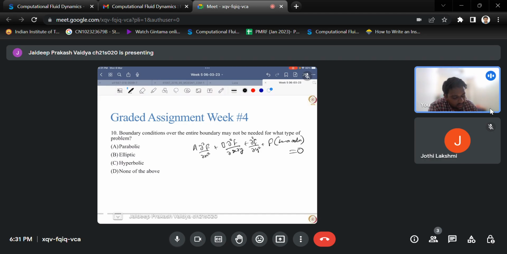Then we can classify it based on the value of b² minus 4ac. If it is equal to 0, we call that parabolic. If it is less than 0, we call it elliptic, and if it's greater than 0, we call that hyperbolic.